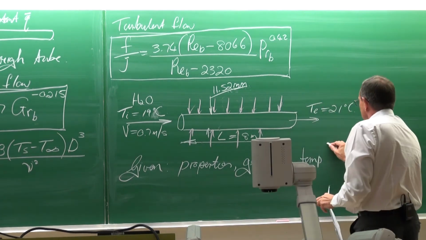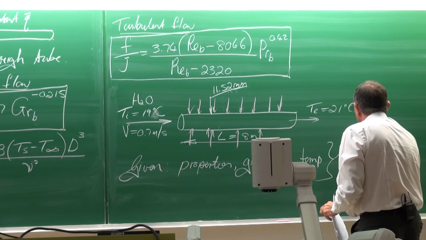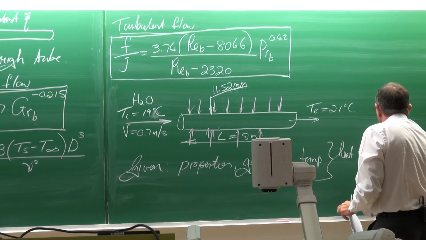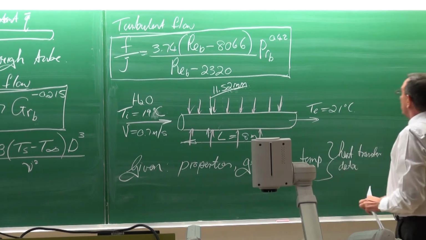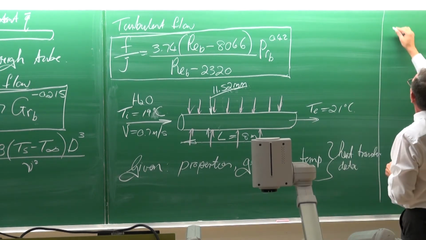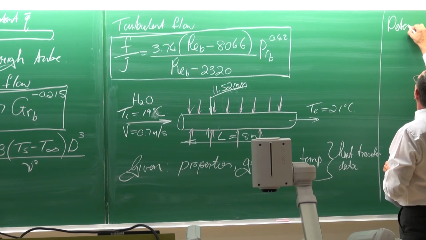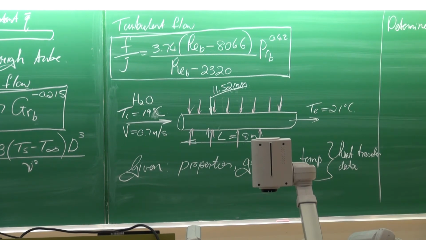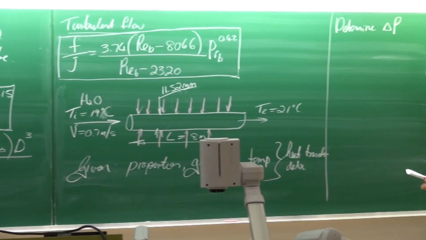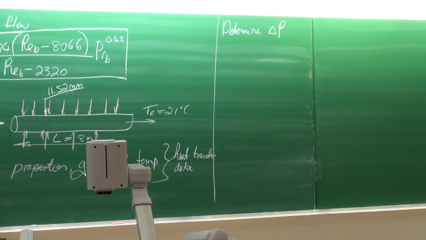So in general, it is heat transfer data. But the question is, determine the pressure drop over the tube. Determine the pressure drop. You all follow that?